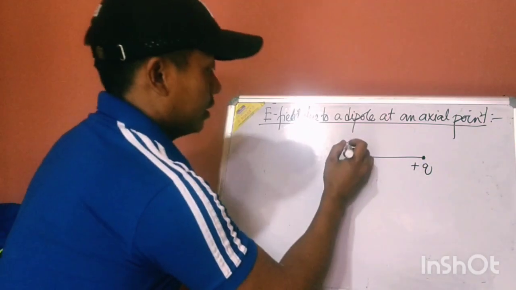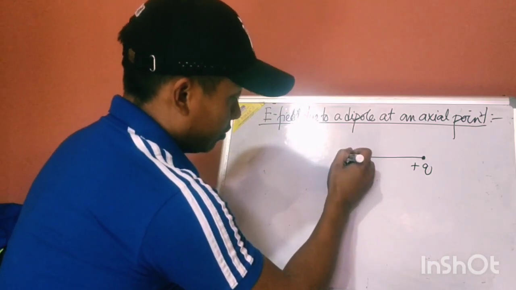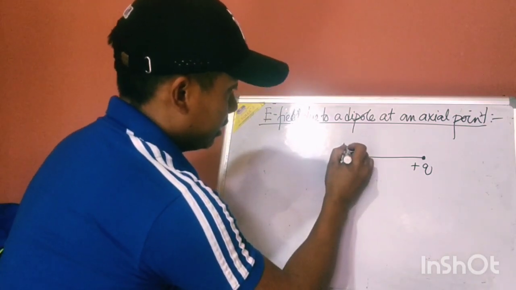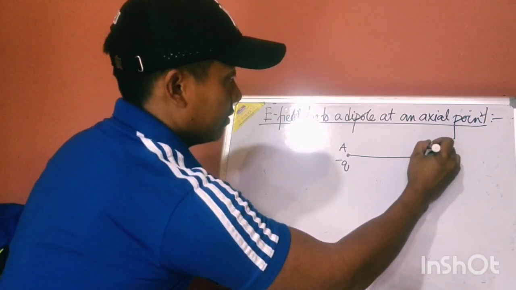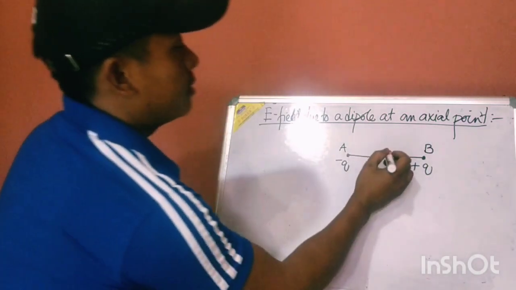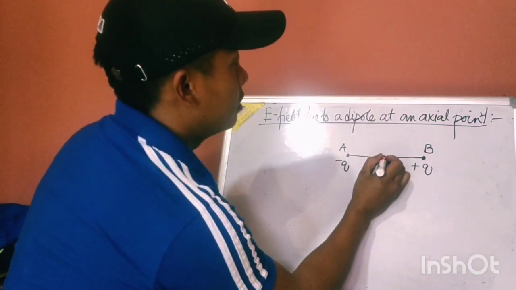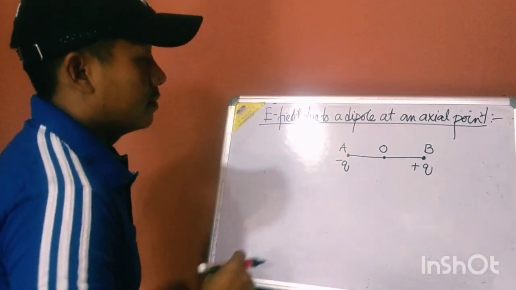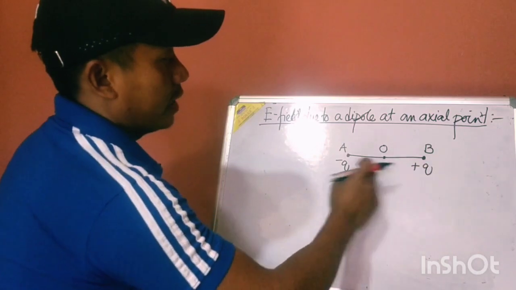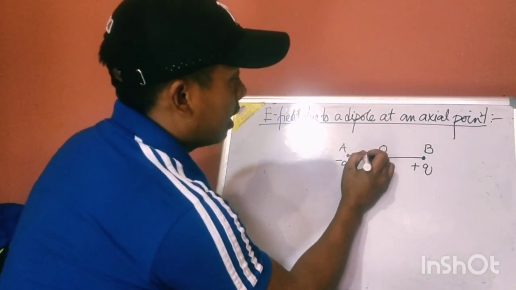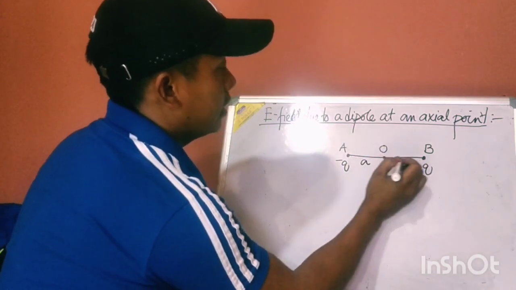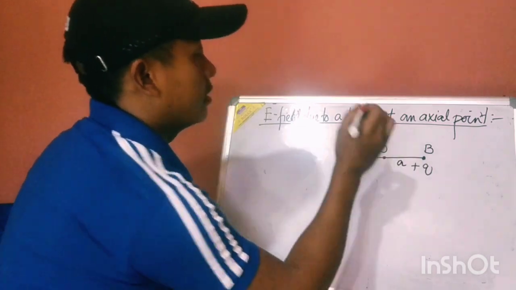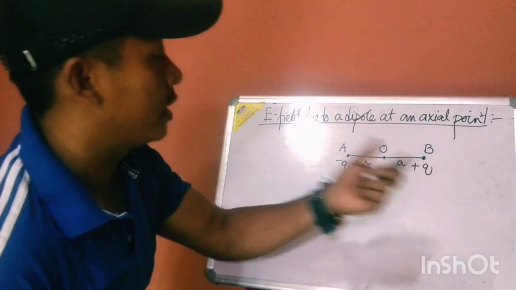Let this point where minus q is there be A, let this be B. Let the midpoint be named as O. And if this dipole length is twice A, then half of this length will be A, half of the other one will be A. That's why we took the dipole length to be twice A.